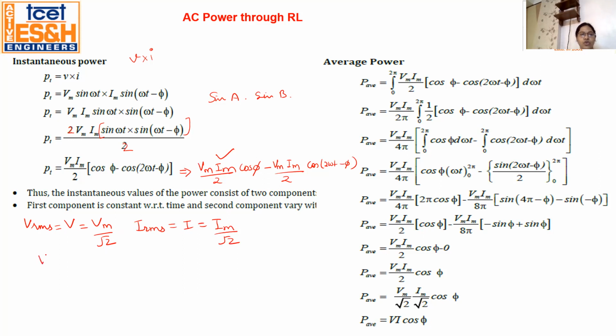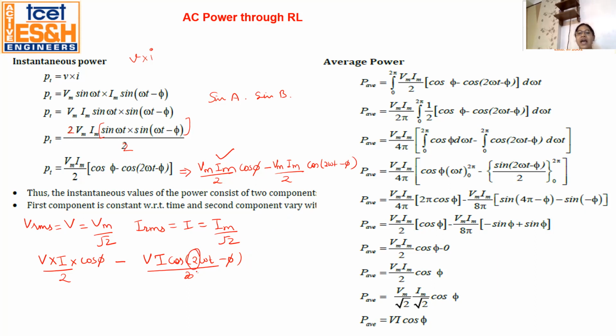So we get V multiplied by I multiplied by cos phi, minus VI cos 2 omega t minus phi, where the 2 is replaced by the RMS values. The second component has just double the frequency.